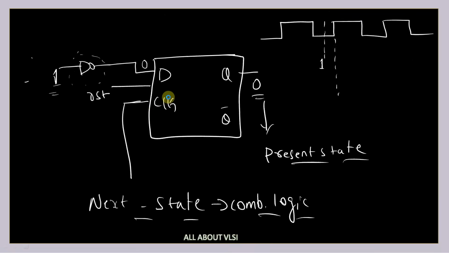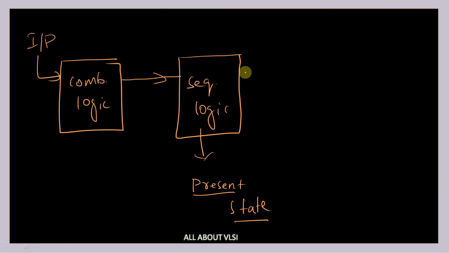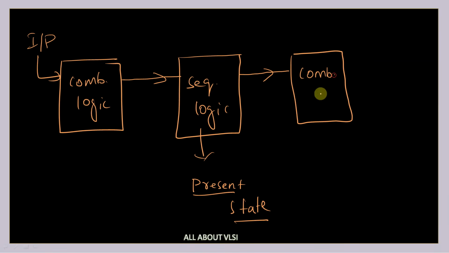Now, how am I getting my output? The output of this present state is given to another combinational logic, and from this combinational logic we are getting our output. So how to draw that? From this present state, from this sequential logic, we are getting my output, and this is fed to the combinational logic, and from here we are going to get our output.